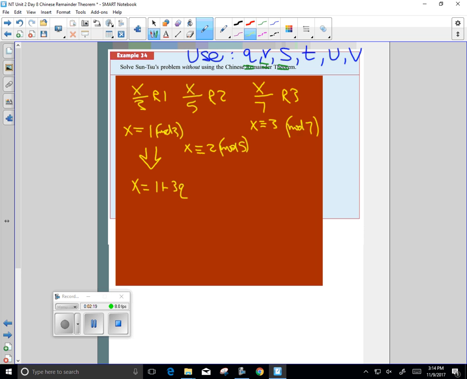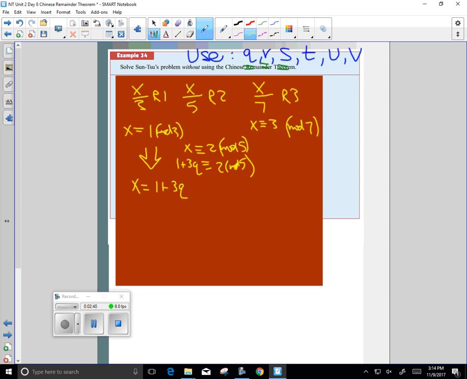And then when we do the next one, X is congruent to 2 mod 5, we can say that 1 plus 3Q is congruent to 2 mod 5. See how I did that?